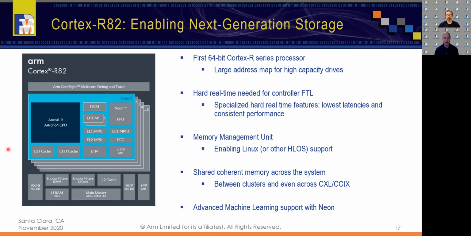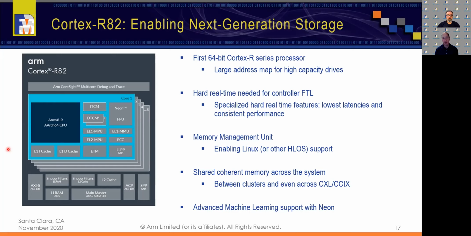And the Cortex-R82 allows that to be done with a flat address map. But it is still a classic real-time CPU from ARM with low latencies and consistent performance to achieve the best possible IOPS and lowest latency performance through the drive.